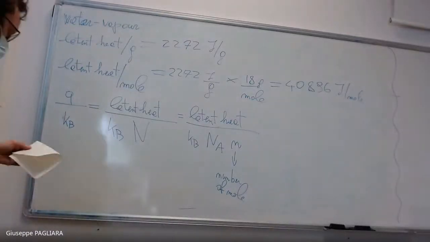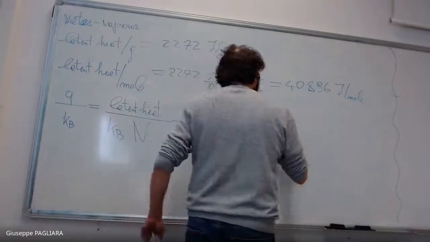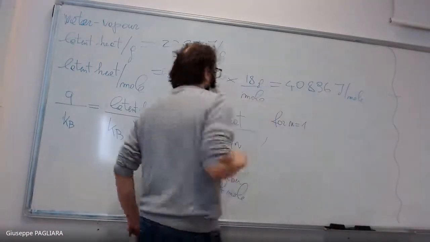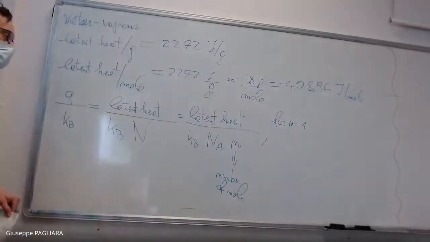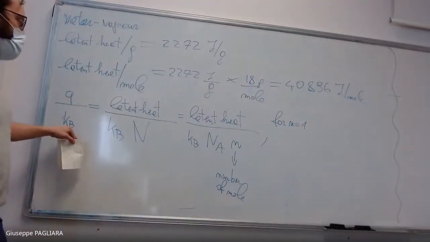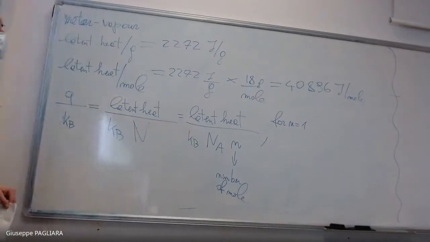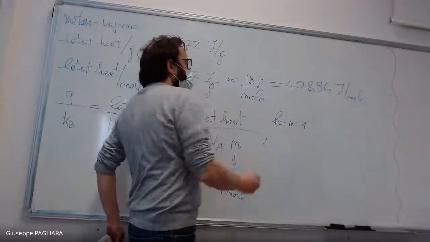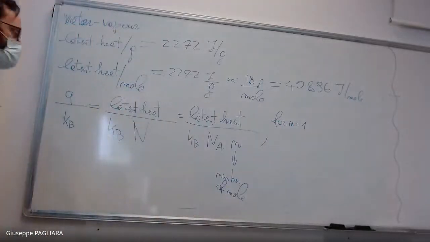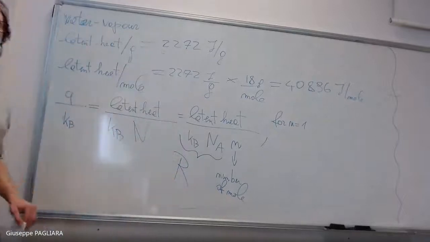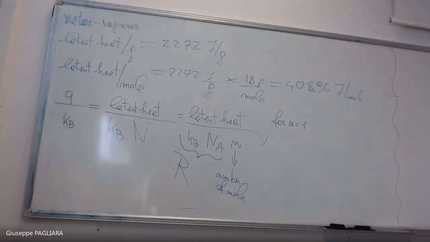And therefore now, for 1 mole, for N equal 1, we have that Q divided by KB is the latent heat per mole that we have determined before, divided by KB, and A is just R, the universal constant of gas.